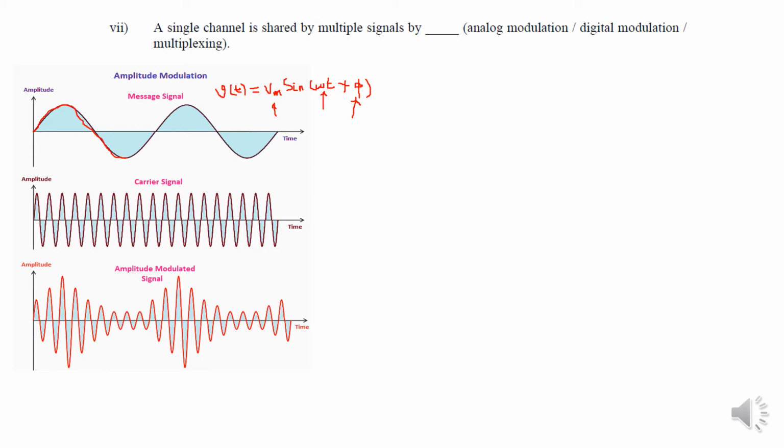In any analog modulation technique, depending on these features present in the carrier signal, we can put the message signal over the carrier signal using any of three techniques. We may modify the amplitude, the frequency, or the phase. So depending on that, it can be amplitude modulation, phase modulation, or frequency modulation.